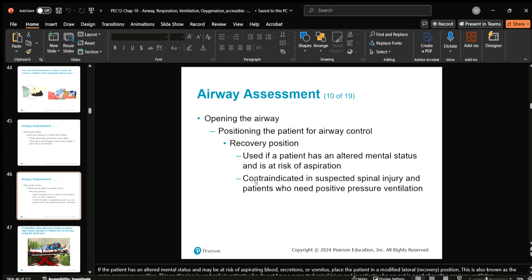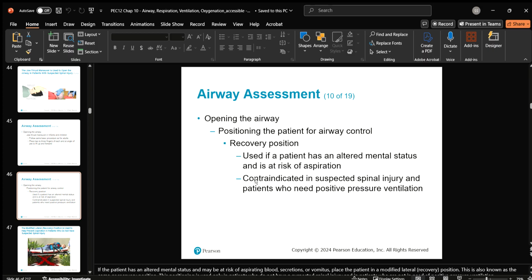We have that traumatic patient that's unconscious and has severe maxillofacial trauma, so he's bleeding a lot. But that guy probably has some type of spinal injury, or we might assume so, because if there's enough destruction to the face, we assume that there's probably some kinetic energy that was passed to the neck and spine.